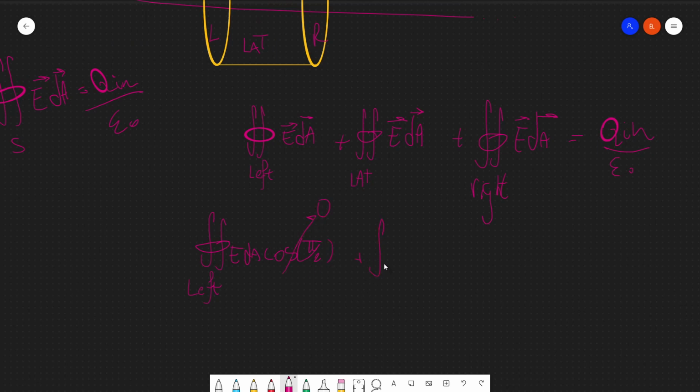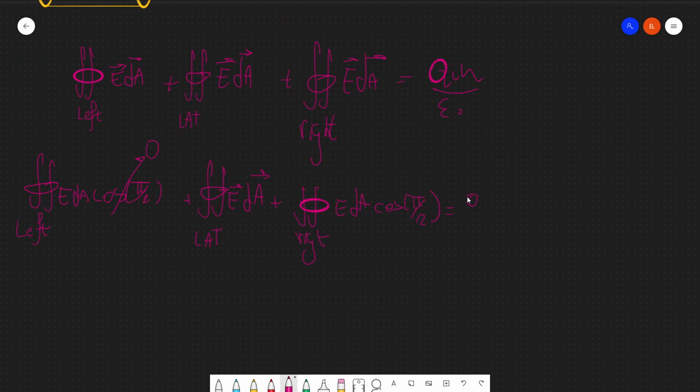Same thing for the right one. The lateral one not so much, so plus the lateral E dA, plus the right E dA cosine pi over 2, which equals Q in over epsilon 0.